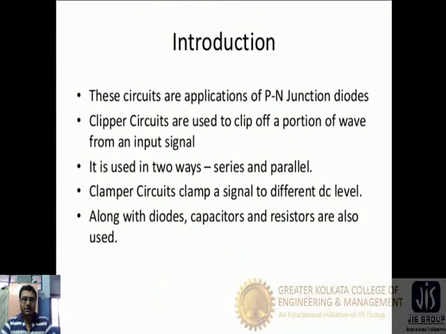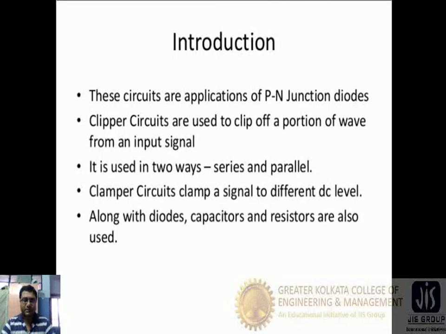These circuits are applications of PN junction diodes. The clipper circuits are used to clip off portions of a wave from an input signal. This is used in two ways, series and parallel.